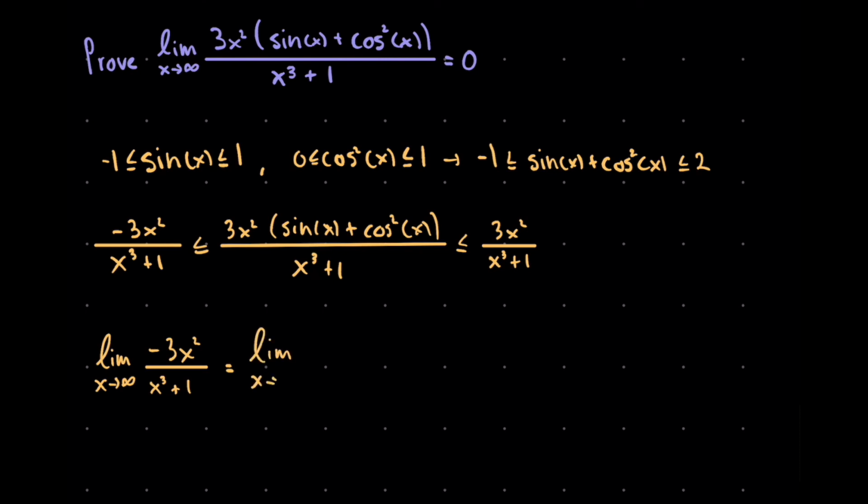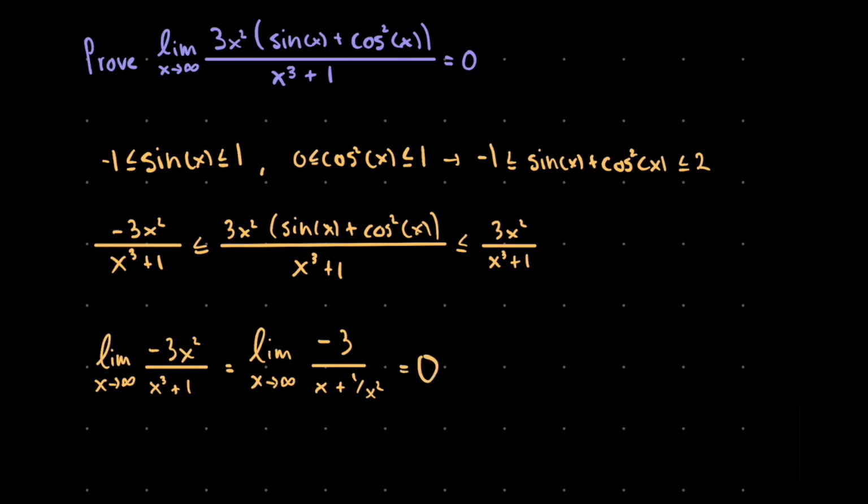We have the limit as x goes to infinity of negative 3 over x plus 1 over x squared. And now we could replace the occurrences of x with infinity. Notice that 1 over x squared will go to 0, as 1 over infinity is 0, and that means that this whole result is equal to negative 3 over x, and negative 3 over infinity will also be 0. So this is equal to 0.